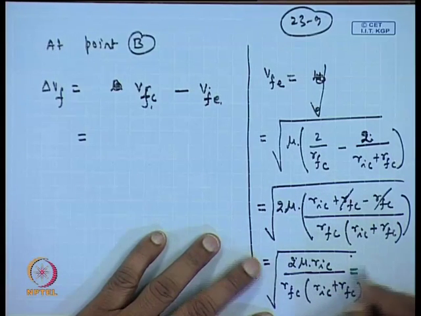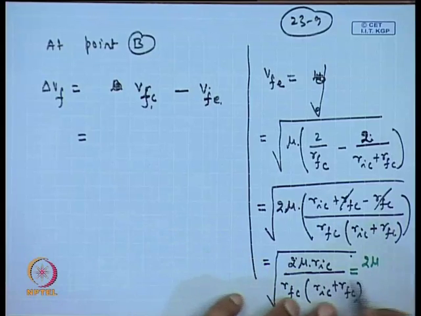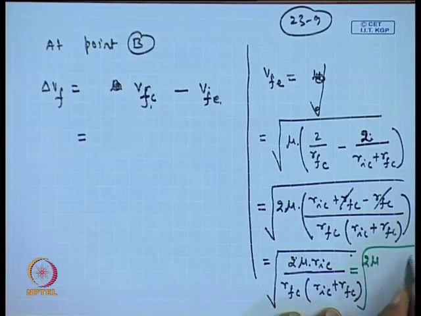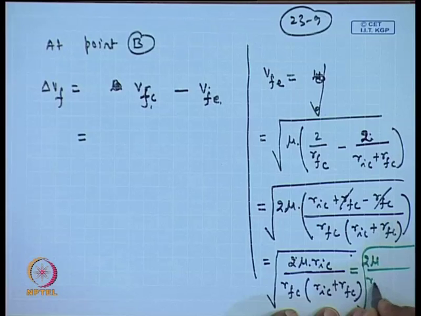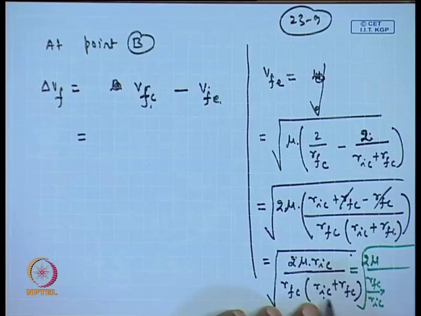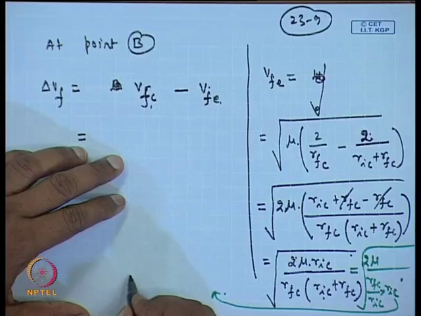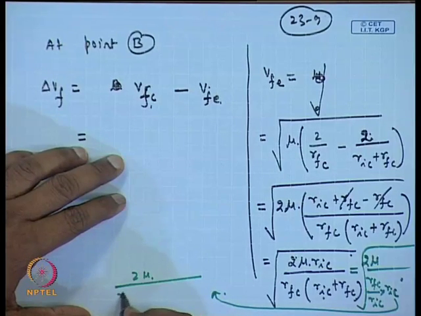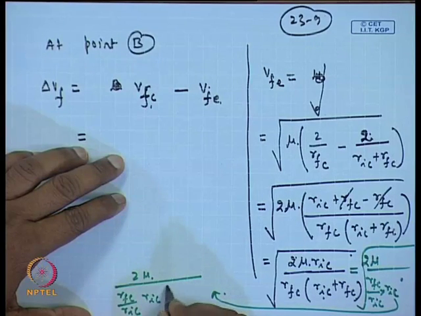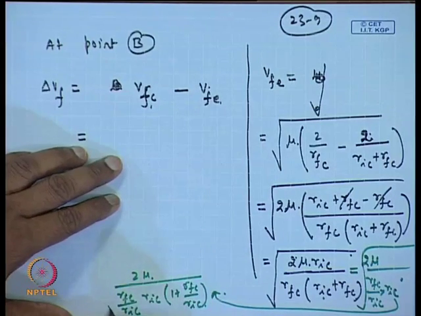So, if we do that, this will become 2 mu times R f c by R I c, and then R I c we can take outside the bracket, and the whole thing then becomes 2 mu divided by R f c by R I c times R I c times 1 plus R f c by R I c, under root.